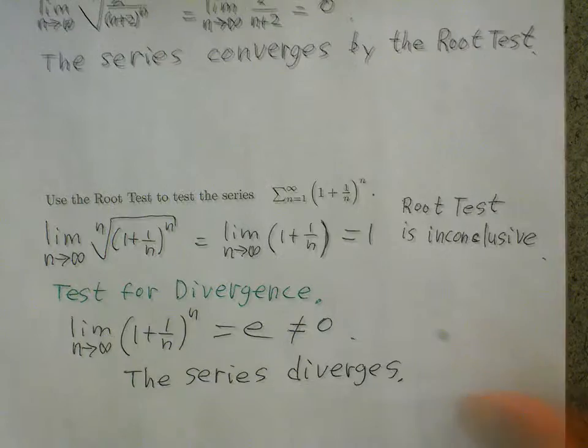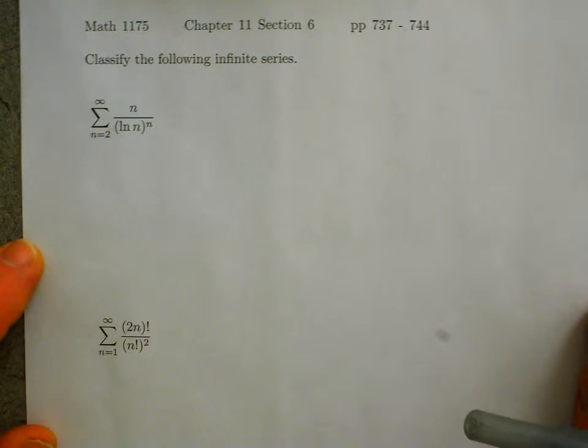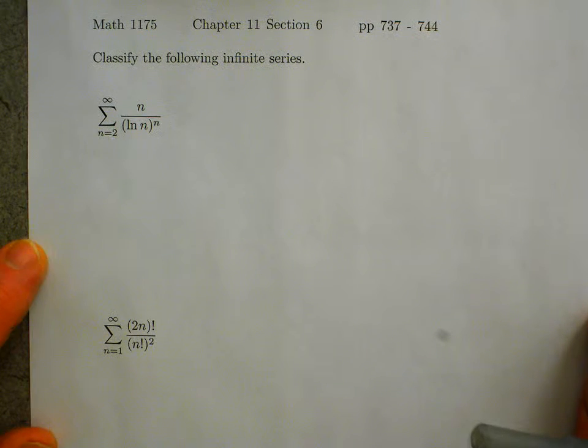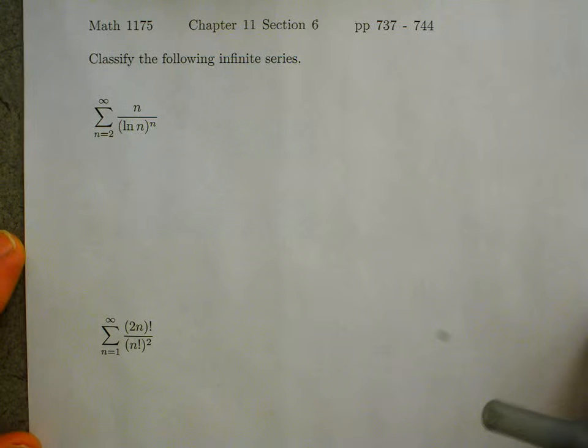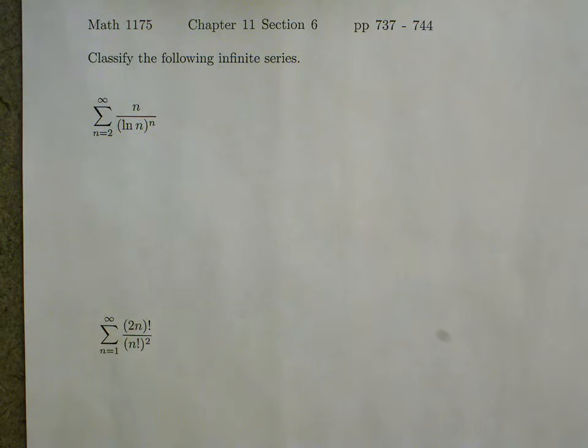Okay, let's look at the next infinite series. The terms are n over (the natural log of n) to the n, starting at n equals 2. So we're getting a number of different tests to apply.